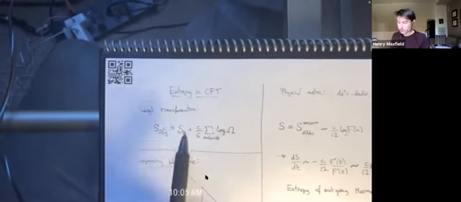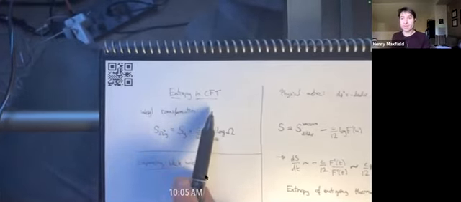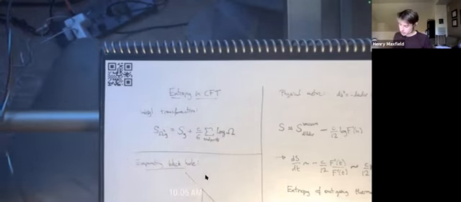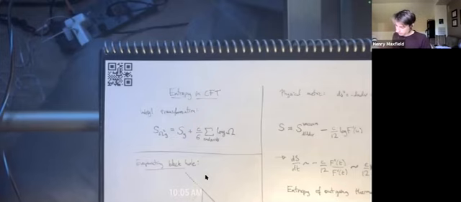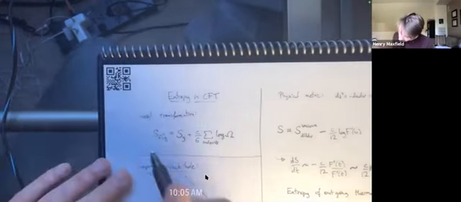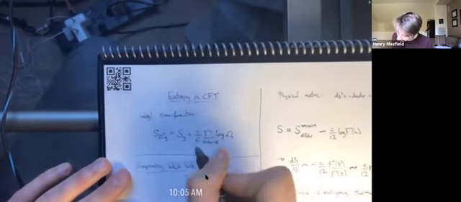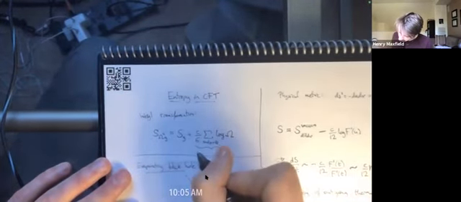So the only thing we're going to need to know about entropy in conformal field theory is how it behaves under these Weyl transformations. So the important thing is this Weyl anomaly piece.